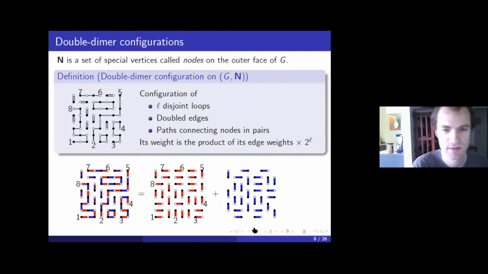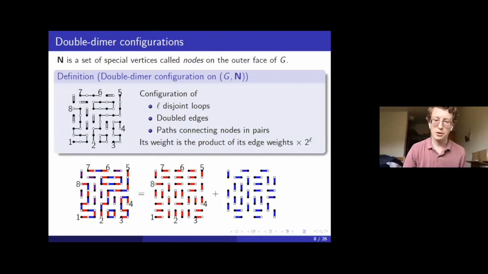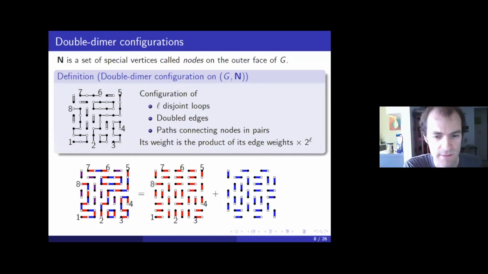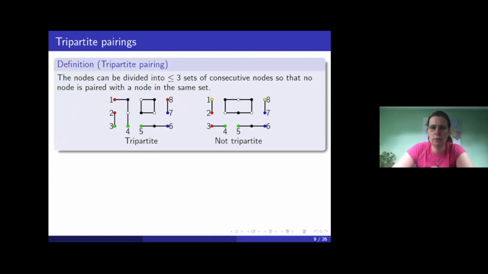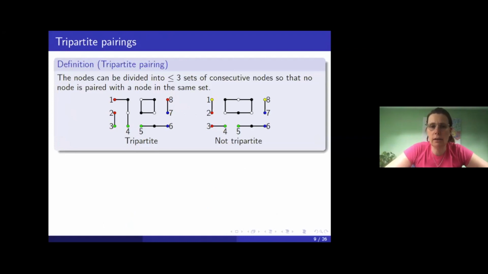And Sarah asks in the chat, what is the maximum number of vertices in one connected component? Can you have any number of vertices, like if you just have a long cycle, black, white, black, white? Could you repeat that? Can you have any length connected component there?